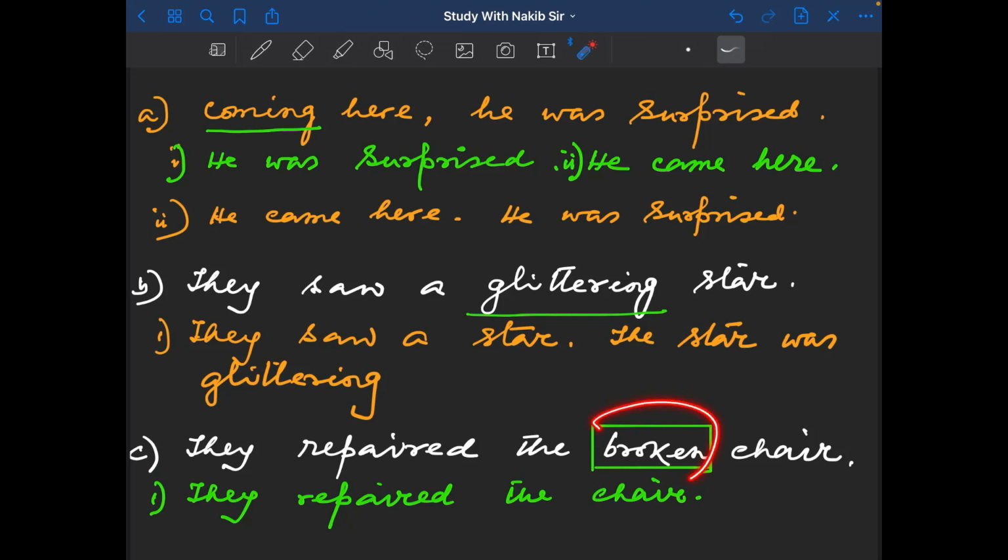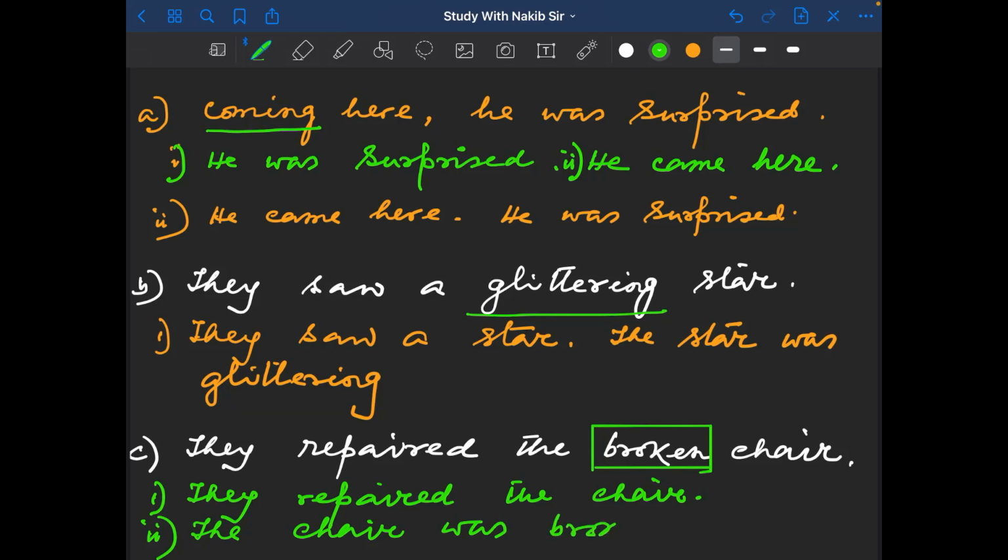Now broken is left. With broken we'll make another sentence, and remember the sentence will be in the passive voice. See, I told you before. And the chair was broken. Number 2, the chair was broken. The chair was broken is the passive voice, as the participle is the past participle.